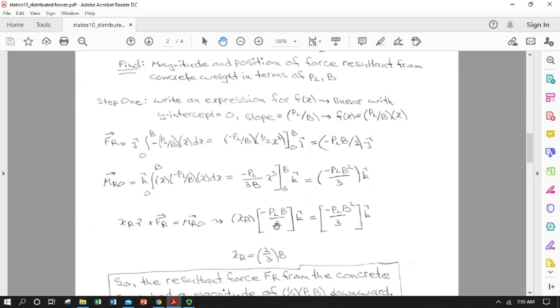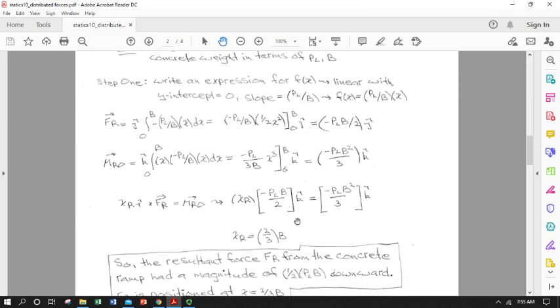So if I do my algebra, the 2 multiplies over here, I cancel the p sub l's, I cancel one of the b's, and I end up with 2/3 b.